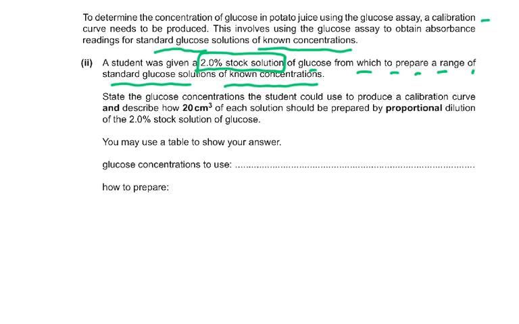State the glucose concentrations the student could use to produce a calibration curve and describe how 20 cm cube of each solution should be prepared by proportional dilution of the 2.0% stock solution of glucose. You may use a table to show your answer: glucose concentrations to use, how to prepare.